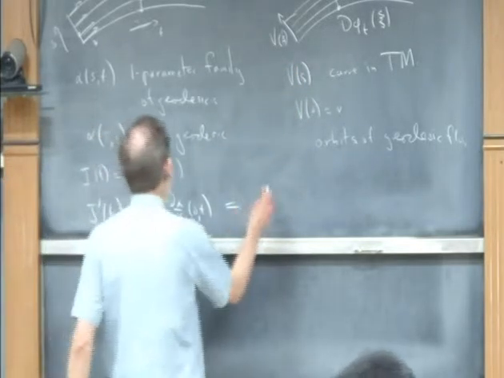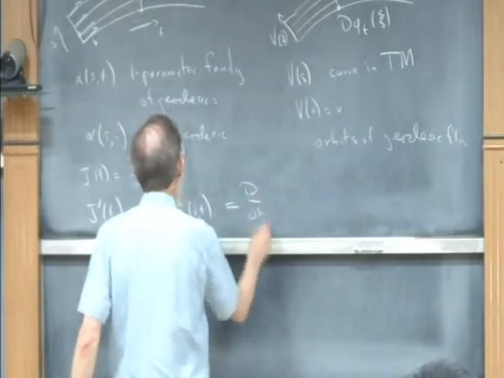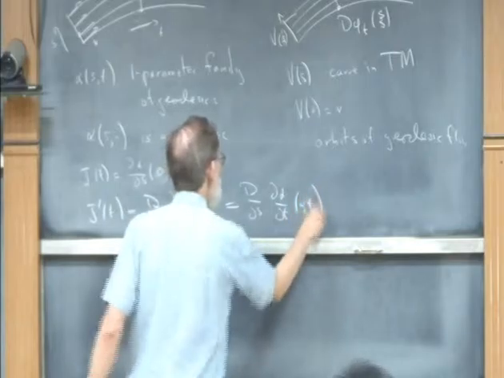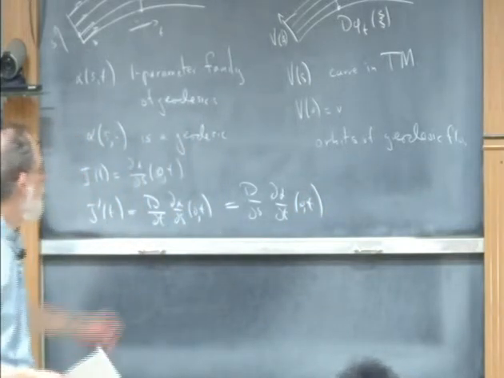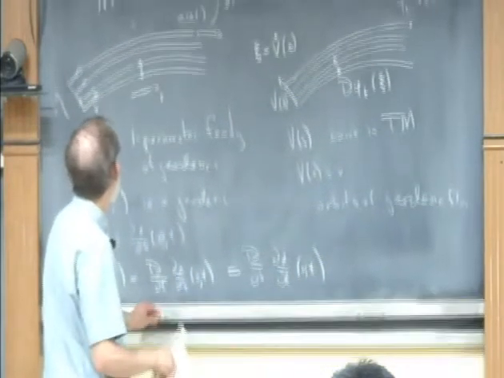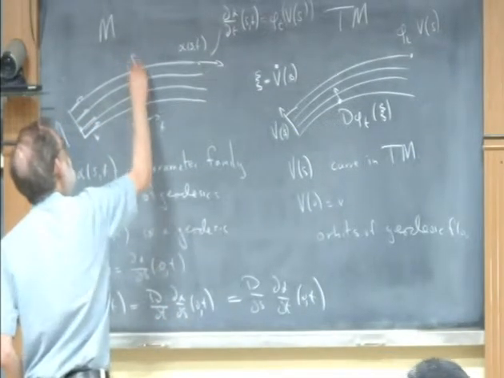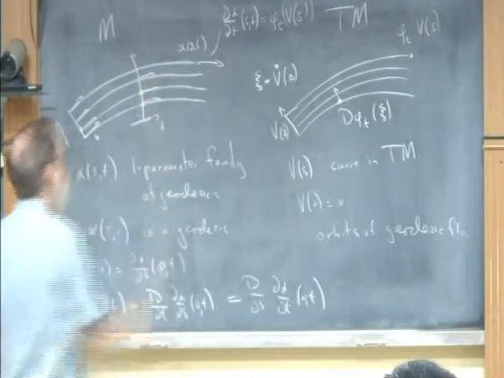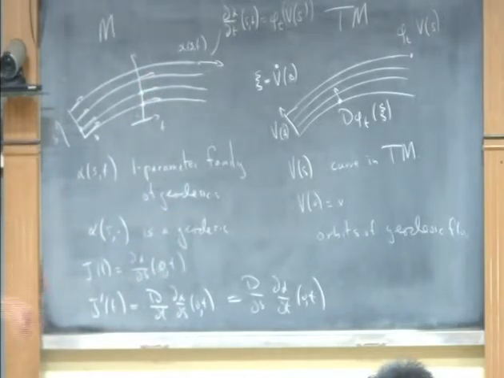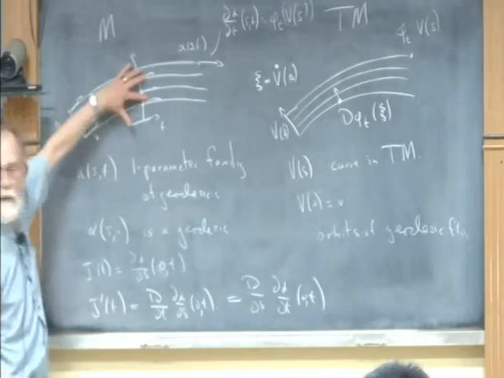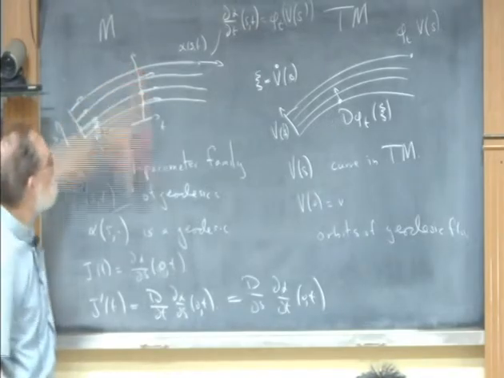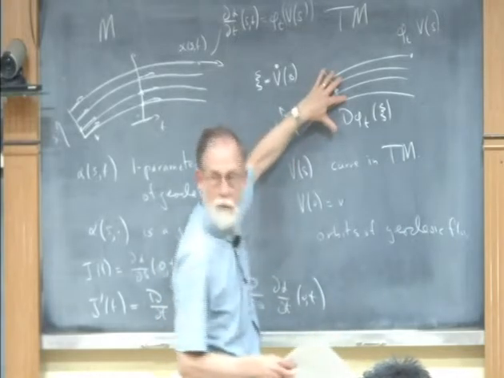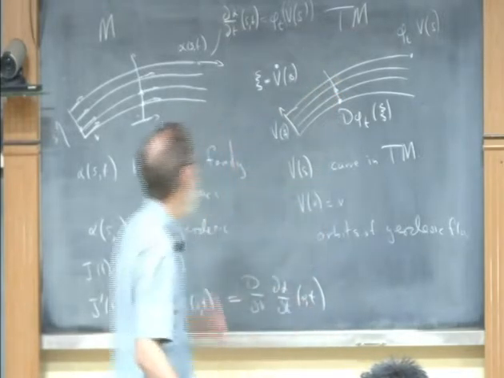So you want to think of this now as d by ds of d alpha by dt at 0, t. And so if I look along this curve, partial d alpha by dt gives the tangent vectors to the geodesics, and that's the curve that you see by flowing the curve V in the picture over here.